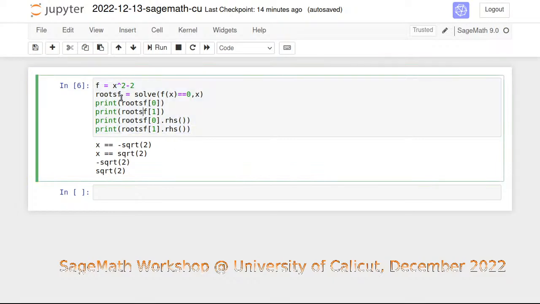I am not using the word roots because the problem here is that Sage might have already assumed a meaning for the mathematical word roots. So it's better not to use any of the usual mathematics words, because they might all have been already given some meaning by Sage itself.